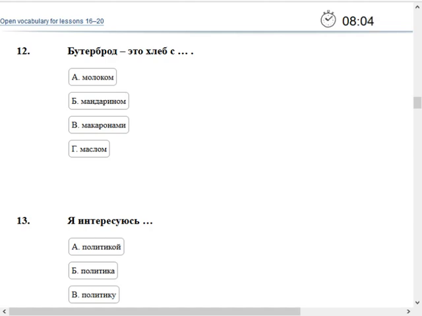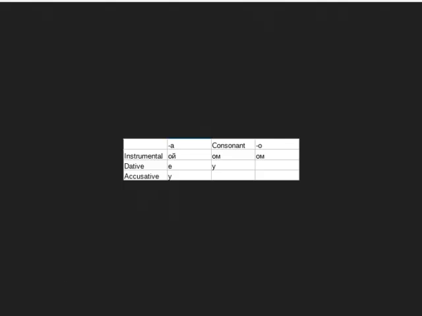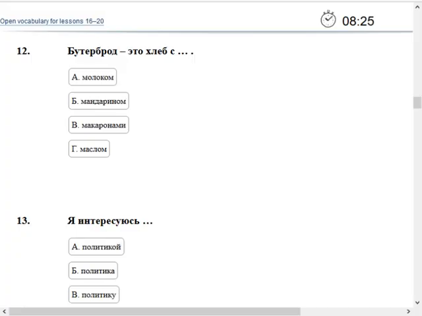So это хлеб, it's bread, с. And once again, we have instrumental because it's с. Now, the nominative form of butter is масло. So if you look here, what happens to a word that ends in o? In the instrumental case, you also put м on the end, so it becomes not масло, but маслом.